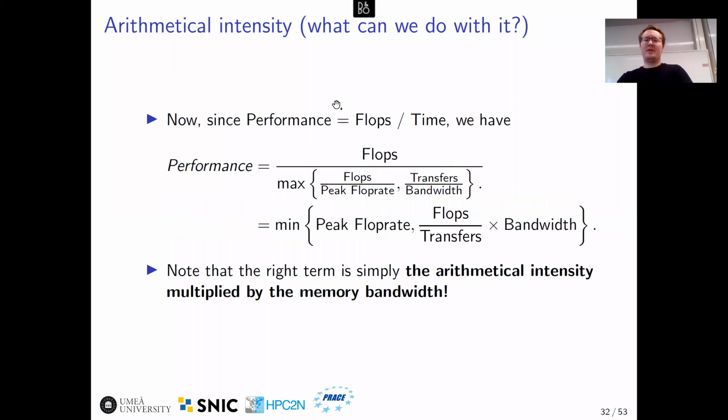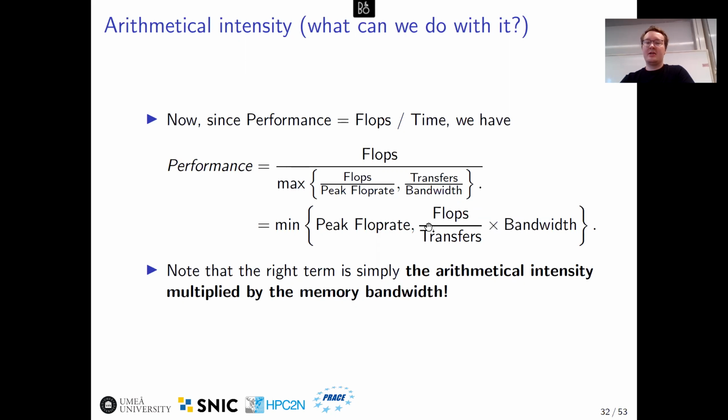Since we know that performance is the number of flops we are performing divided by the amount of time it took to perform them, we can estimate the performance by dividing the flops by this earlier estimate for the time. And when you flip these numbers around, you will get the following formula: you take the minimum of the peak flop rate and this term where we have flops divided by transfers times the memory bandwidth of the card.